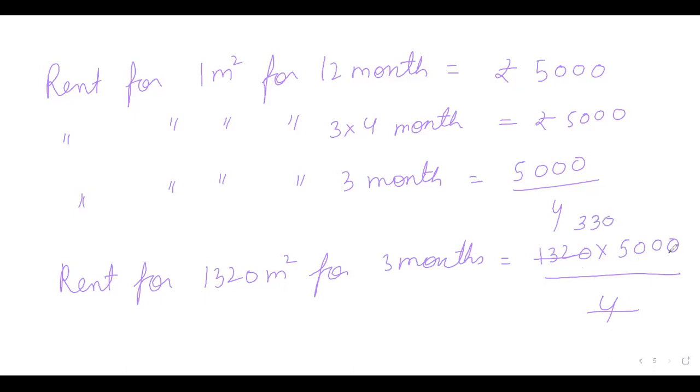So you need to put 4 zeros, and 33 into 5. 5 threes are 15, 1 carry over, 5 threes are 15, then 16. So I got the price to pay for 3 months, that is 16,50,000. So that much rent has to be paid for the advertisement, 16 lakh 50,000.